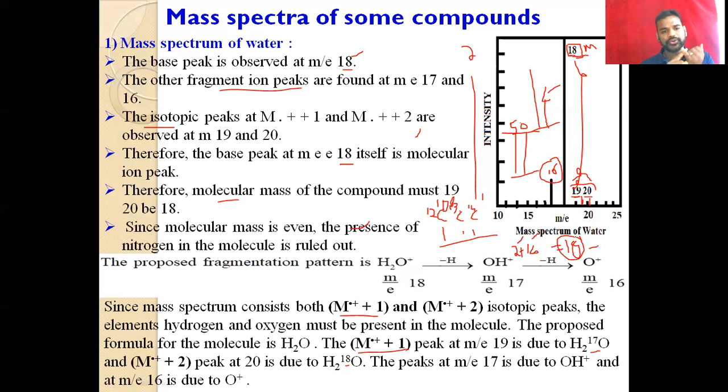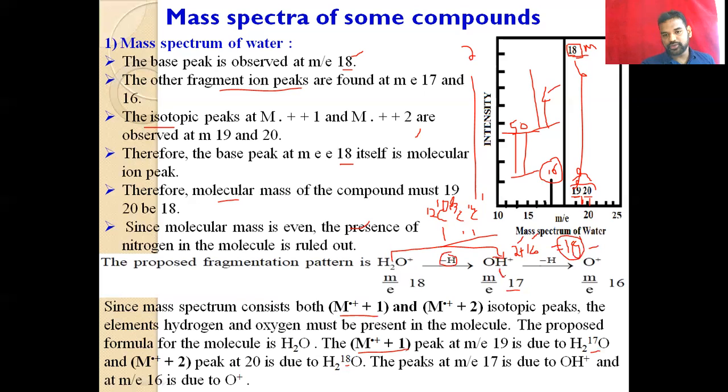And then we have to propose the fragmentation. How will the fragmentation occur? So here we have the water molecule, and it fragments. The first fragmentation is done by the removal of one hydrogen, and the molecular mass of the fragment becomes 17.